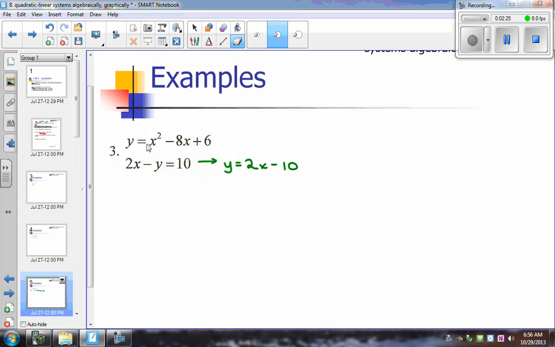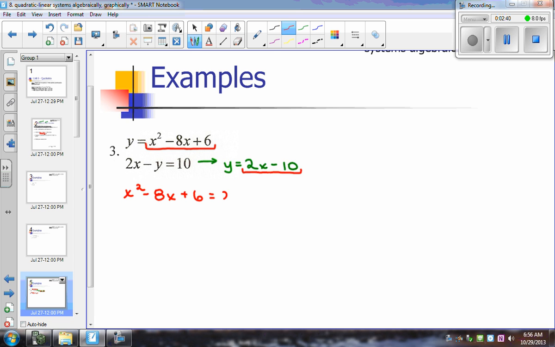So now that we have our parabola and line in their y equals form, we're going to take the two, set them equal to one another, and solve the quadratic equation that emerges. So here's our original setup. As always, get it equal to 0.